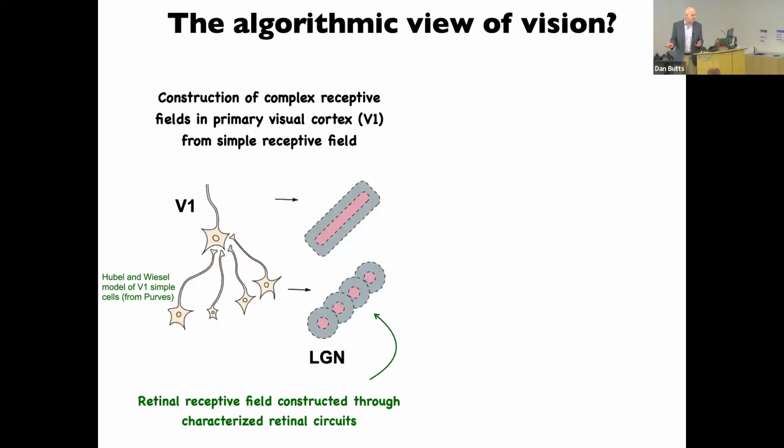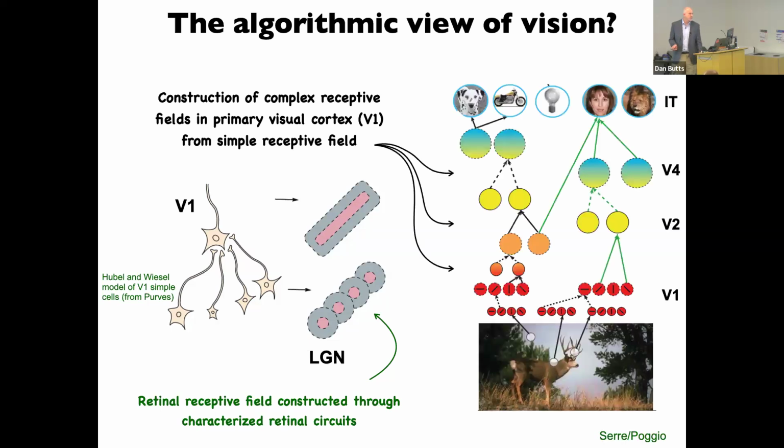This is now a circuit for V1, and the important thing is it's compositional. It shows how you can get selectivity to more complex things from less complex things. And so this was essentially an inspiration from a lot of the early deep neural networks that were, at least some of them, really trying to simulate the visual system.